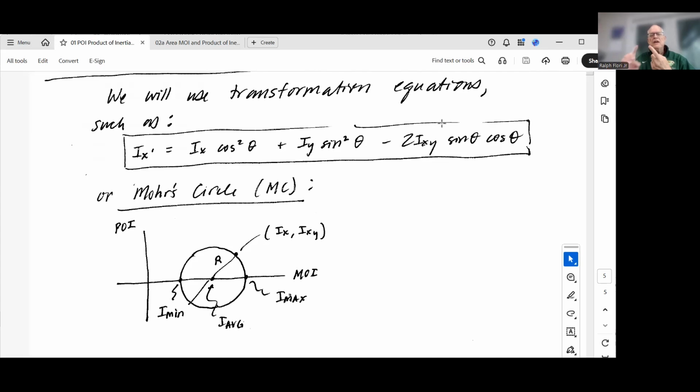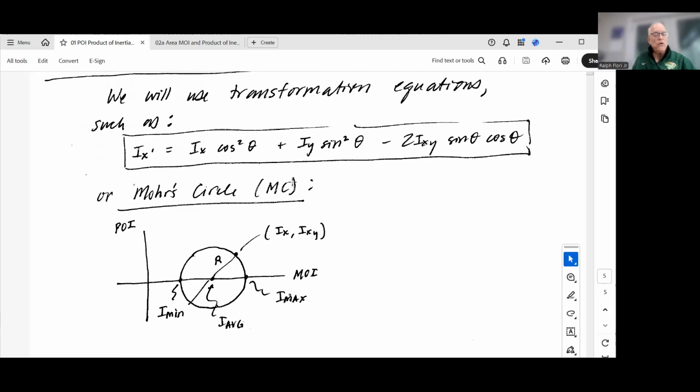In other words, if you're given an Ix, an Iy, and an Ixy for our original coordinate system, and you specify a theta, say 30 degrees, and ask for the I in a coordinate system rotated 30 degrees, I can plug those values into this equation, and this I here will be the I at 30 degrees. But note that I need Ixy. I need the product of inertia in addition to Ix and Iy in order to calculate that.